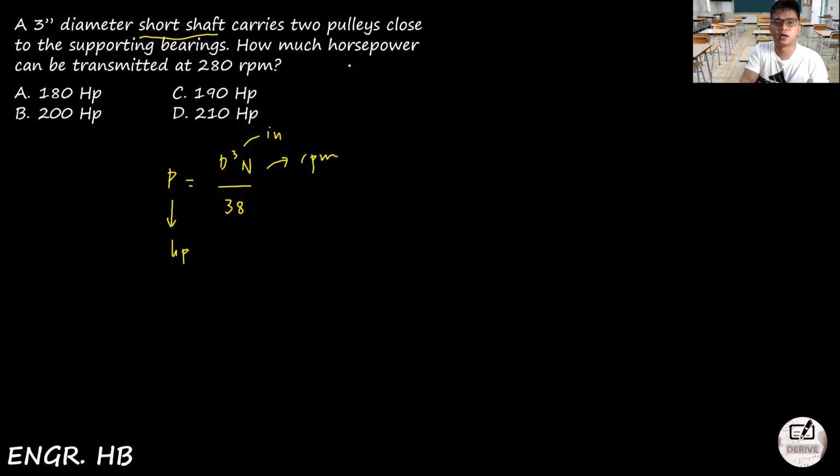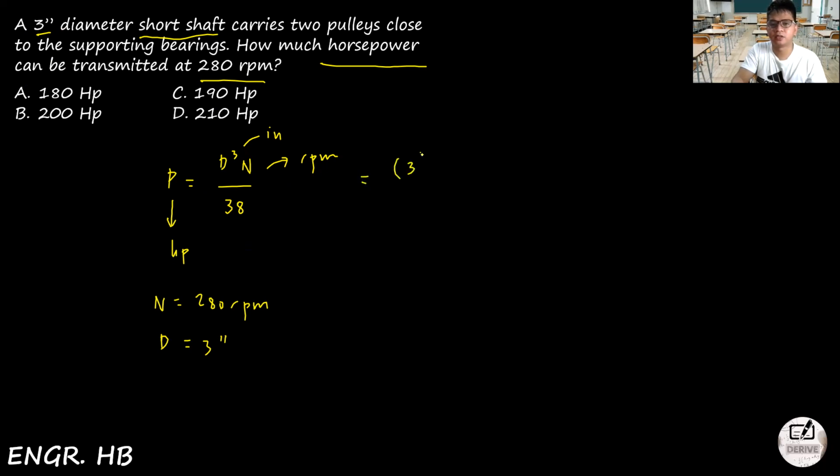Okay, so ang tinatanong, how much horsepower? So meron na tayong given agad na n is equal to 280 RPM. And we have this diameter here which is in inches na. So that was 3 inches. So matik, it is a direct substitution problem.